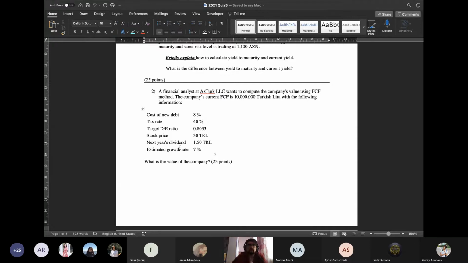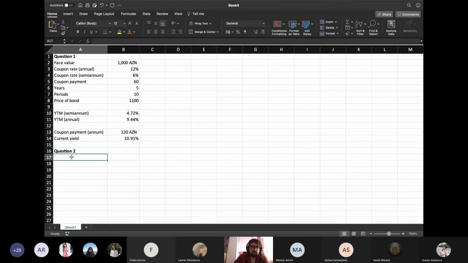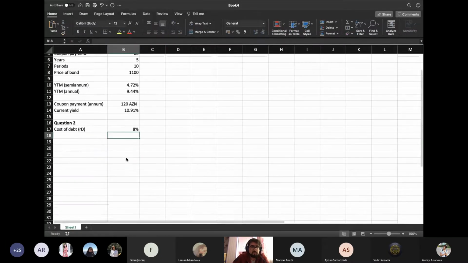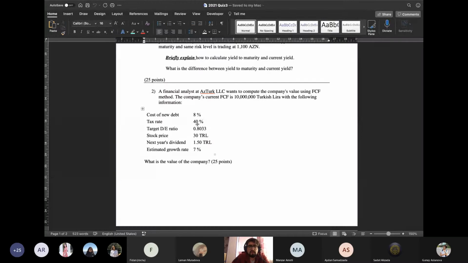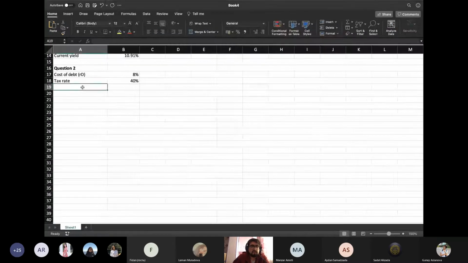What is the value of the company? Let's write here what's given to us. Cost of debt, this is RD, is 8%. Tax rate 40%. Target debt to equity ratio.